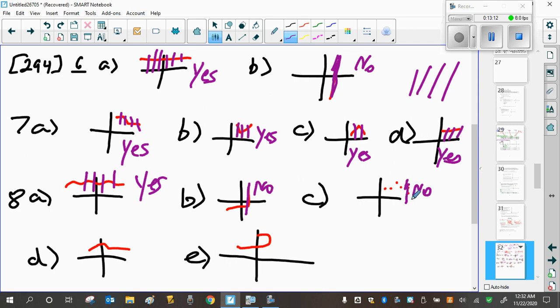So this x equals 7 has 2 y's, 7, 2, and 7, 4, let's say. So no, it's not a function, every x does not have exactly 1 y. And this one is no. I can draw a vertical line that hits the graph twice, so no, thank you.